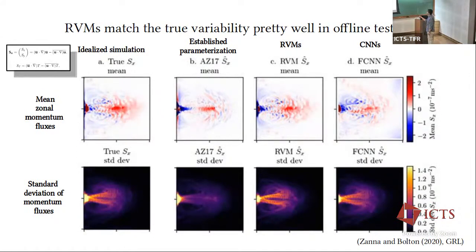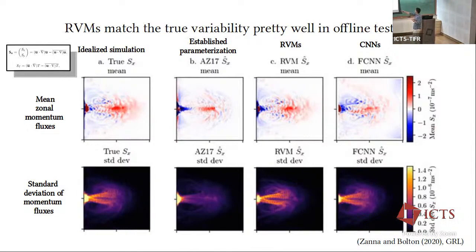So these are results for the barotropic case, not for the baroclinic case. And what this figure shows is the mean zonal momentum flux that was extracted from the high resolution simulation. That's the true eddy subgrid scale flux. The x component of this term is plotted right here. The simulation was 10 years long, so it's a 10-year average.